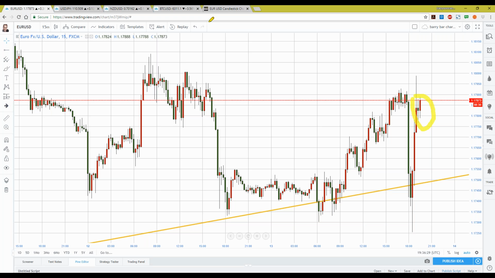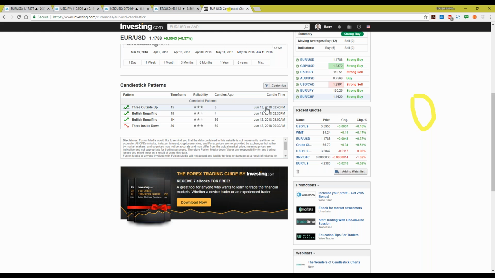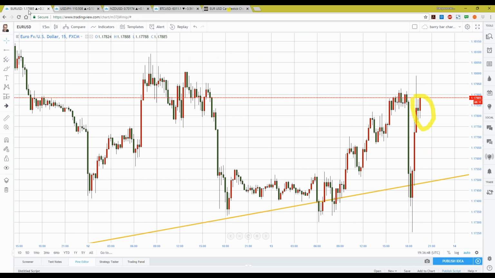So all we have to do is take the information from here, and then transfer it over to our current chart. So this makes using candlesticks a lot easier and making them part of your trading system.